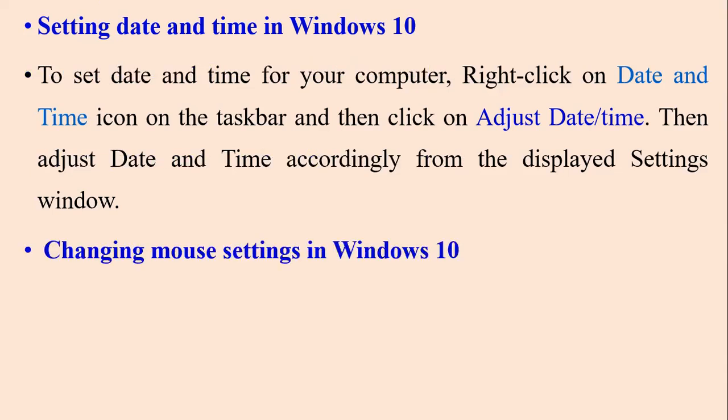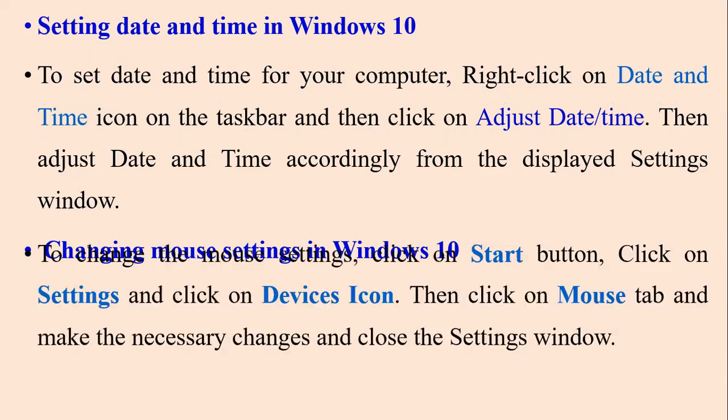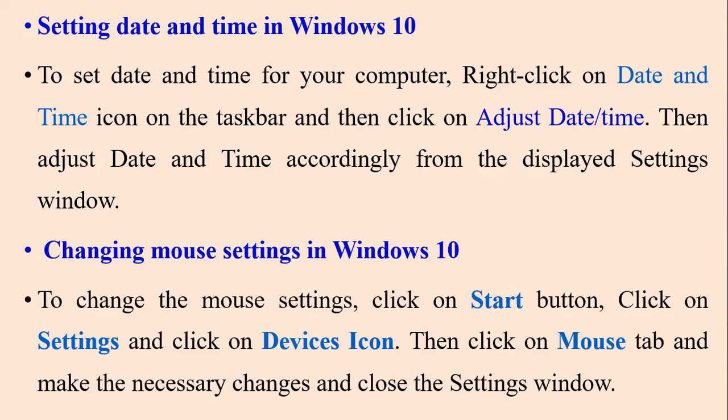In order for you to change your mouse settings in Windows 10, you click on the Start button or Start menu, or in other words, from your taskbar on the leftmost side, click on the Start button. Then you click on Settings from the Start menu.